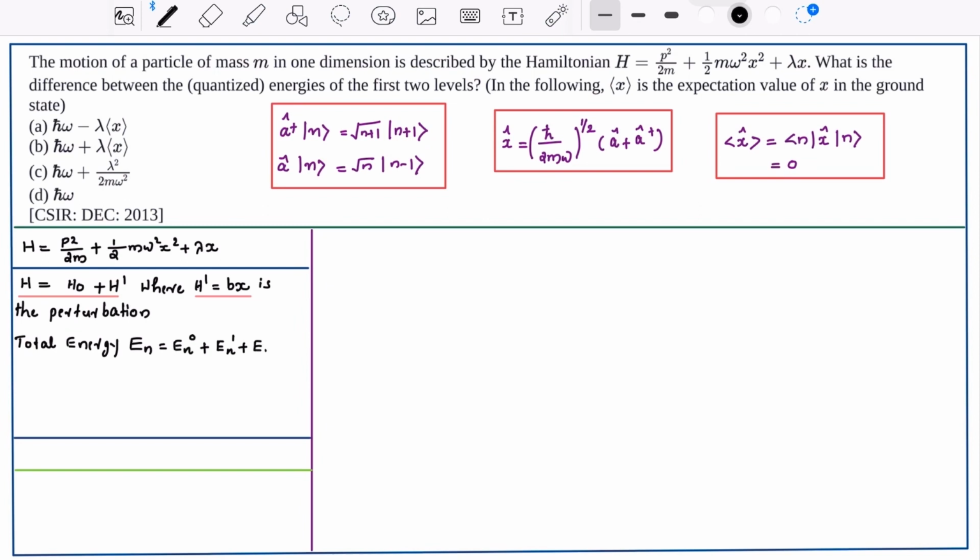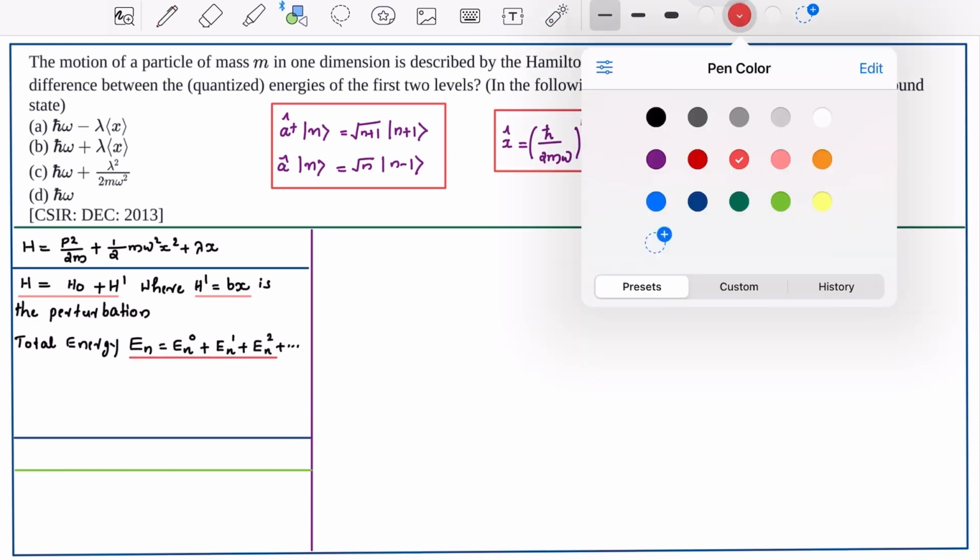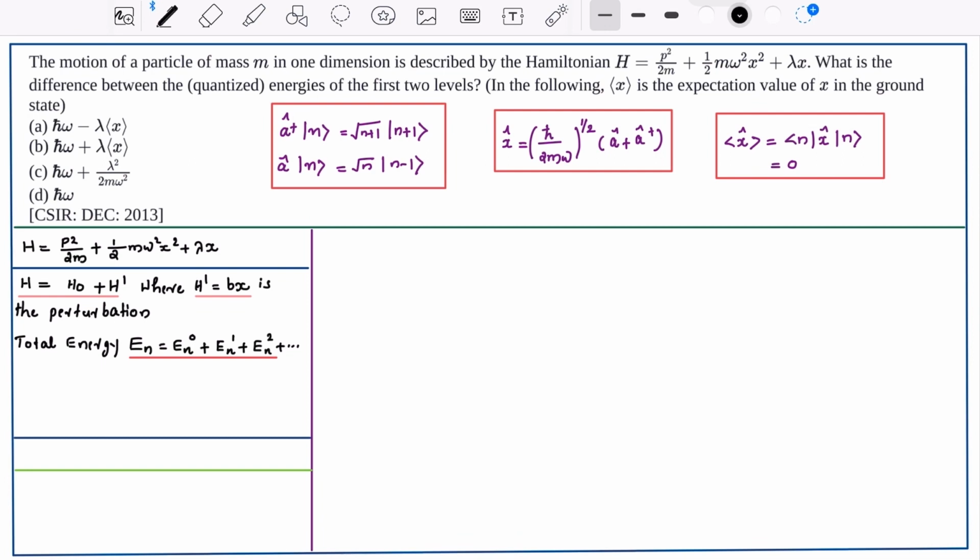The total energy can be expressed as En equal to En0 plus En1 plus En2 plus etc. Then what is En0? We can say En0 is the unperturbed energy corresponding to the Hamiltonian H0.